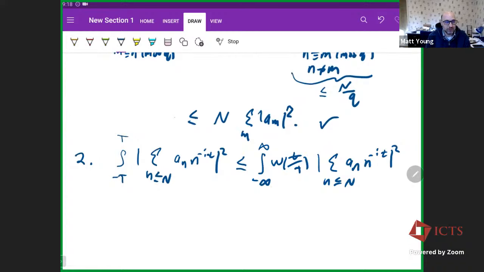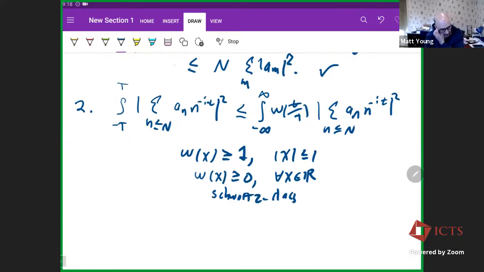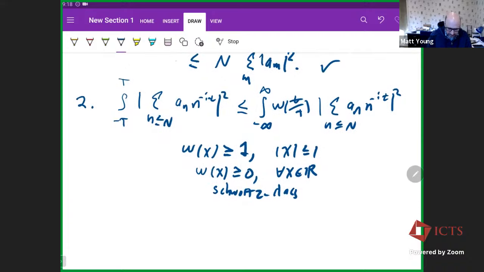I want it smooth, like Schwartz class, and so I want w of x to be greater than or equal to 1 for absolute value of x less than or equal to 1. I want w of x greater than or equal to 0 for all x. And I want it to be Schwartz class, so it has rapid decay, and all its derivatives have rapid decay at infinity. Okay. So those are my properties of w. It really doesn't matter what I pick, at least for the proof that I'm about to present, because I'm not trying to optimize the bound very much here.